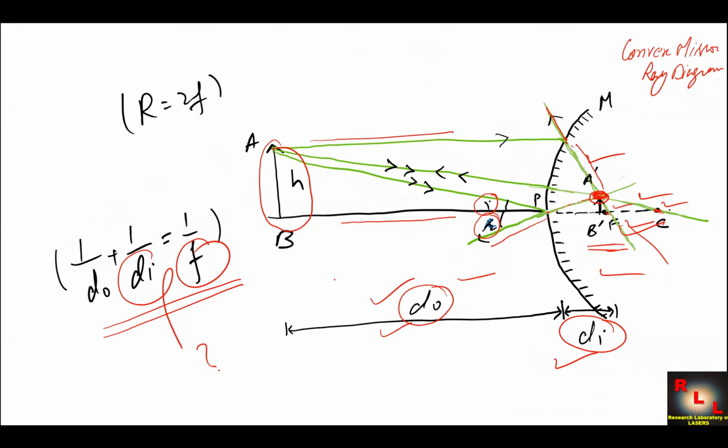For a convex mirror, the object and the image are not on the same side of the mirror. The image is formed on the other side of the mirror, and this image is not real, it's virtual, but it's not inverted, it's upright.